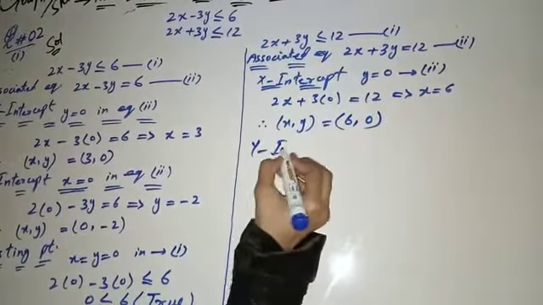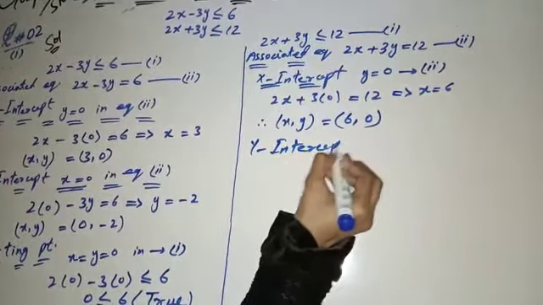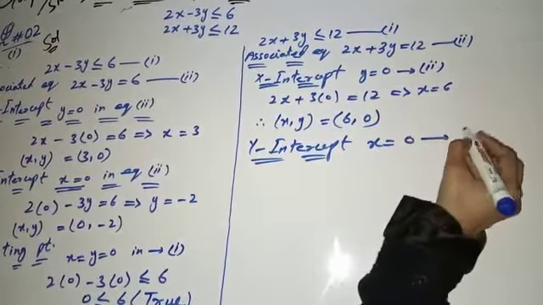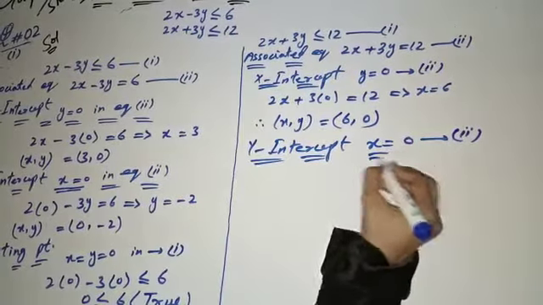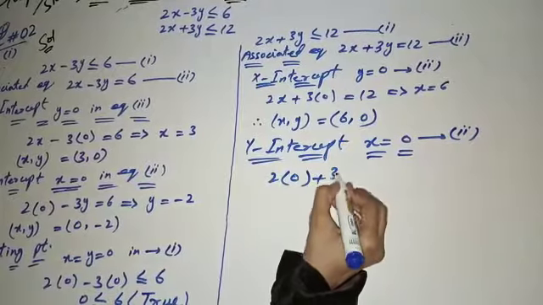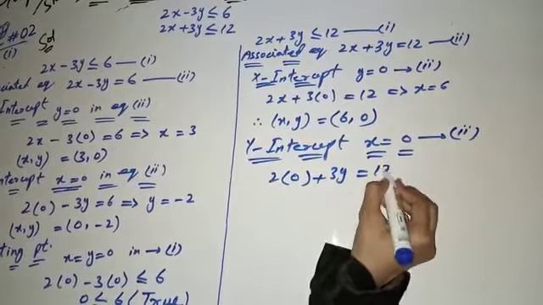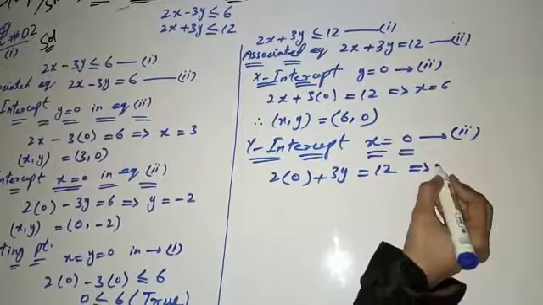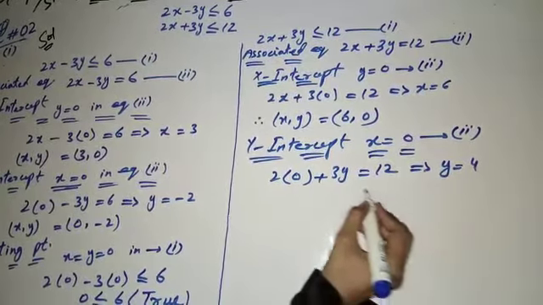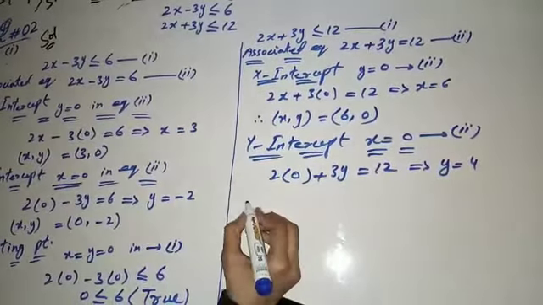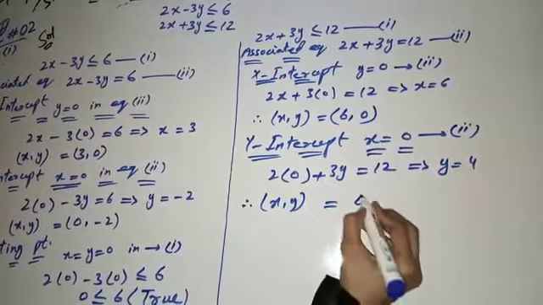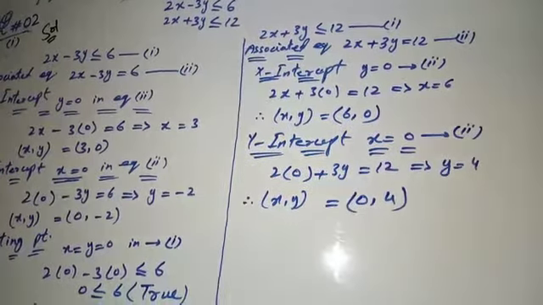Now calculate the y-intercept. To calculate the y-intercept, put the value of x as 0 in the associated equation. That is 2 times 0 plus 3y is equal to 12, which gives us y equal to 4. Hence, this is another point on this given linear inequality expression, having values 0 and 4.